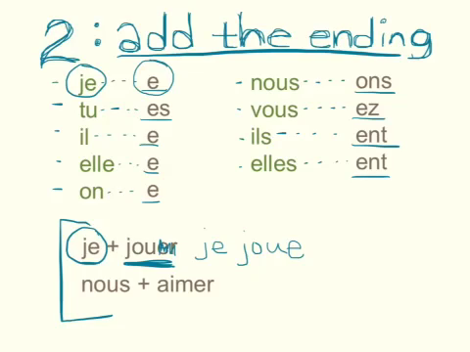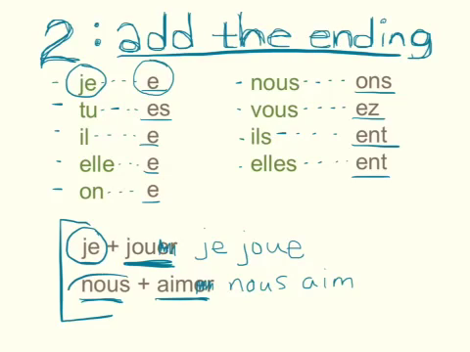Our second example here, we have nous and aimer. So here we want to be able to combine these two words together to get an idea. Nous means we, aimer means to like. We want to be able to say we like. So our first step is to take off our ER ending. So we have nous, and then we have A-I-M.